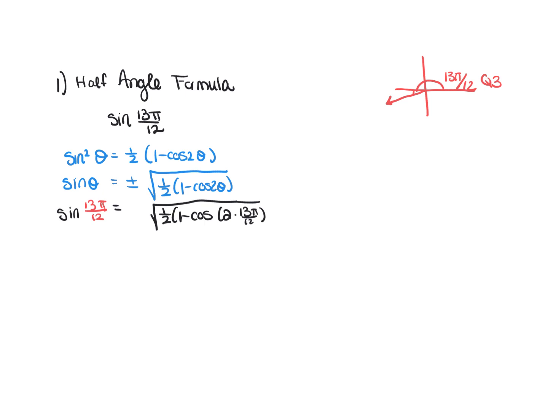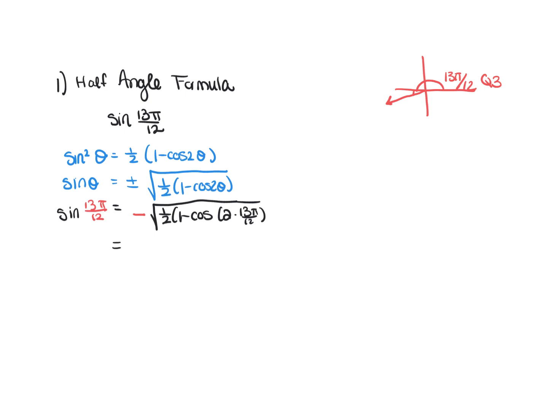In front of this radical, I'm going to put a negative sign. If you look, my 13 pi over 12 is in red, and my minus sign's in red, because over here in red, where I drew the quadrants, 13 pi over 12 is in the third quadrant, so sine of 13 pi over 12 is going to be a negative. So the angle with the trig function you're trying to find controls that plus or minus on the other side.